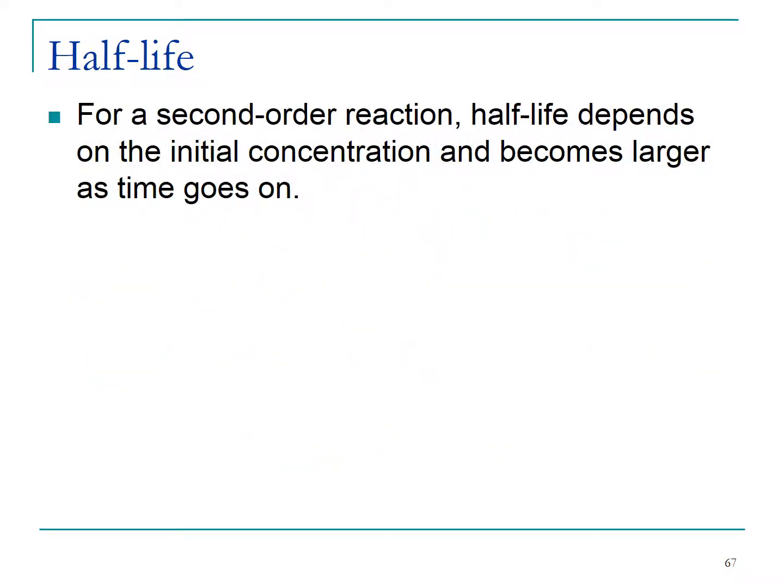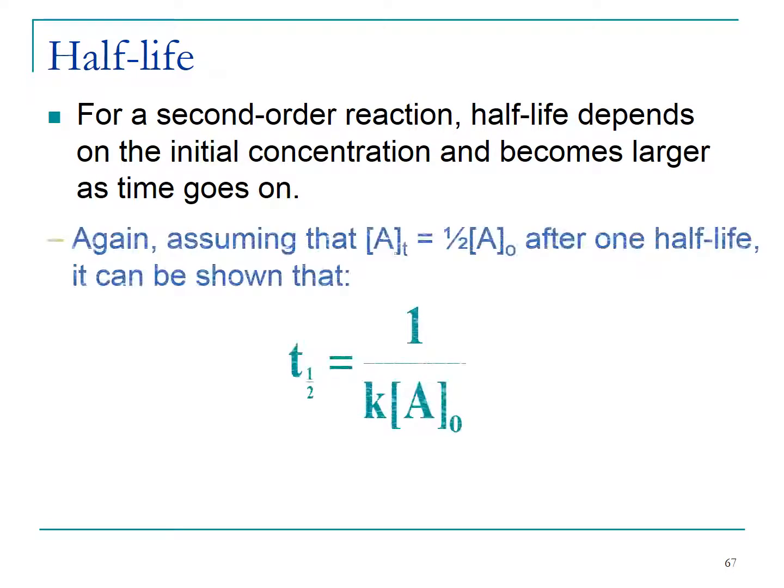Okay, what about a second order reaction? For a second order reaction, the half-life depends on the initial concentration, and so the half-life becomes larger as time goes on, because the concentration is changing, so the half-life will become longer. If we assume that [A]t equals 1/2 [A]0 and plug it into our second order rate law, we can rearrange it and get this equation.